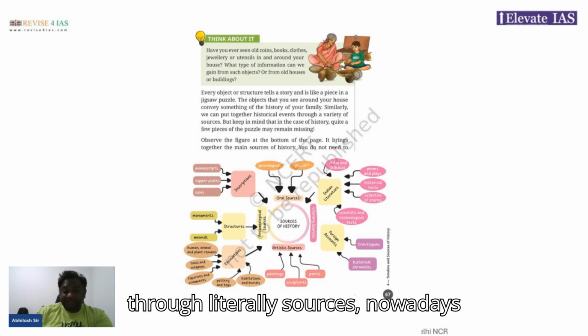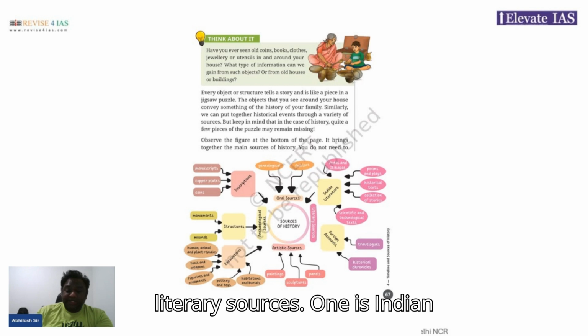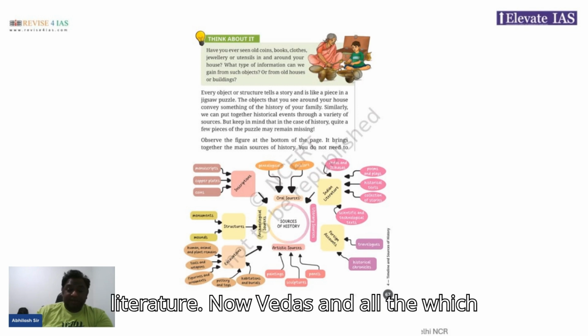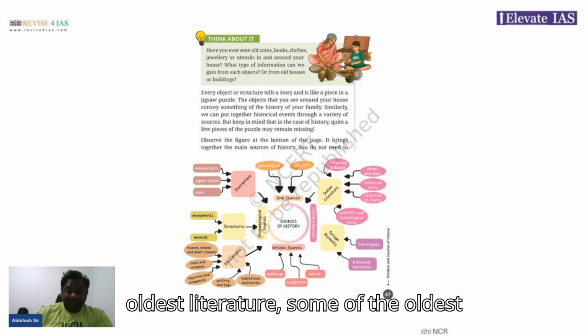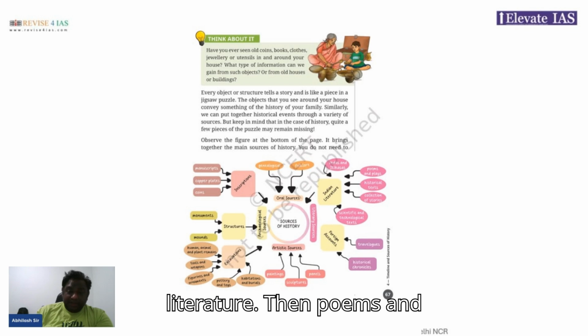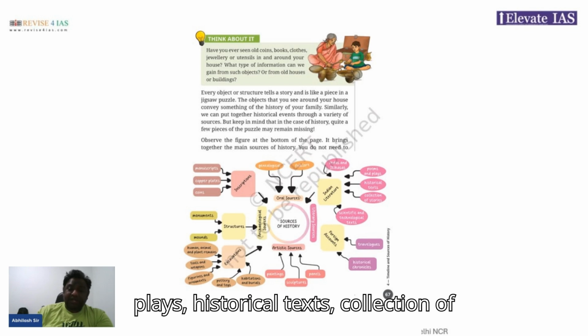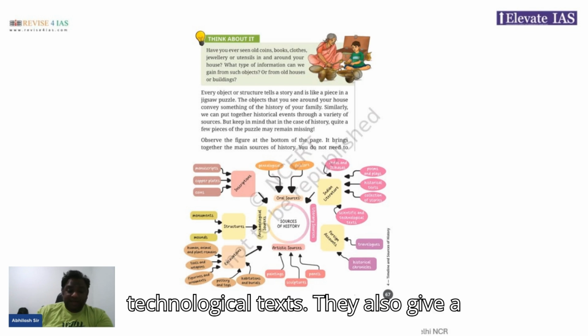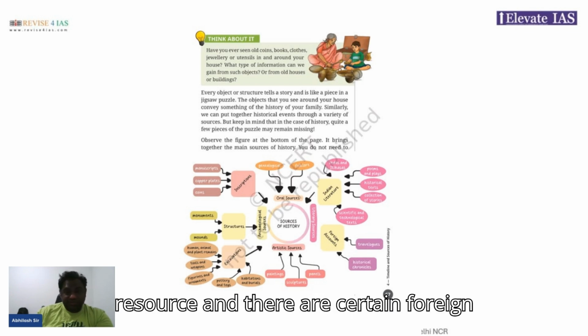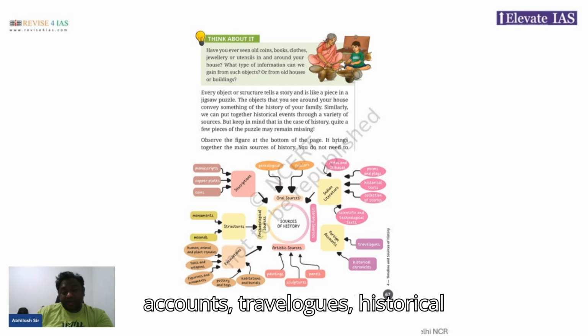Then literary sources. What are literary sources? One is Indian literature. The Vedas and all the Shastras which are written we would call some of the oldest literature. Then poems and plays, historical texts, collections of stories, scientific and technological texts. They also give a resource. Then there are certain foreign accounts, travelogues, historical chronicles.